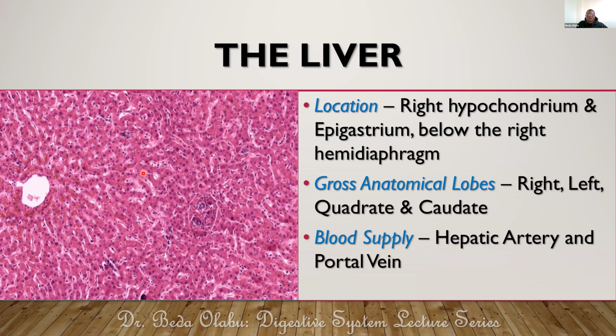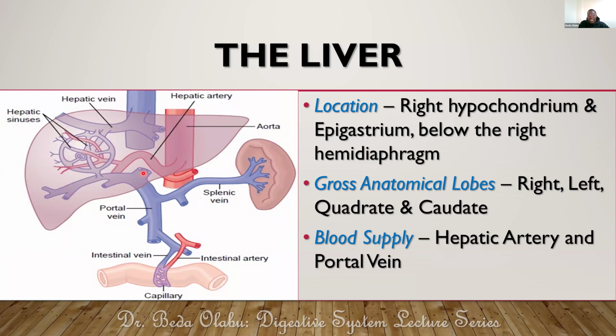So both portal vein and hepatic artery enter the liver and vascularize the cell types of the liver. From these two, we have now veins which come out of the liver. They are known as hepatic veins. And the hepatic veins take blood now to the inferior vena cava.